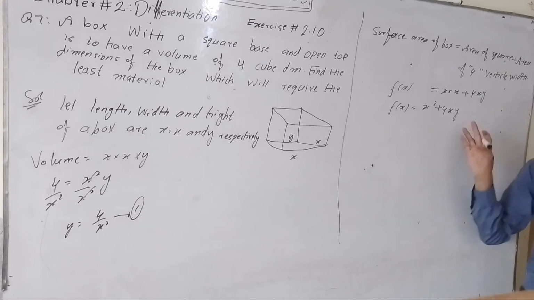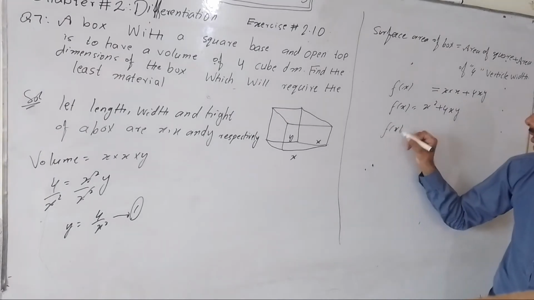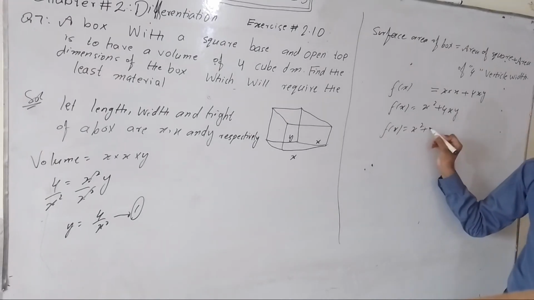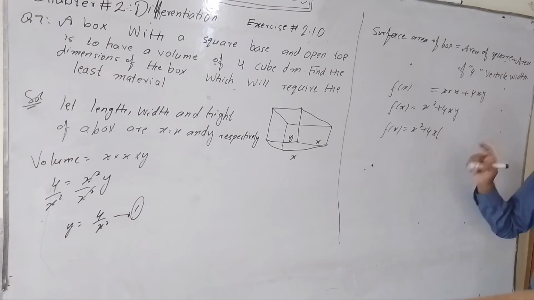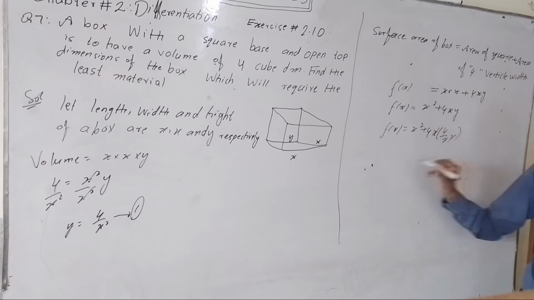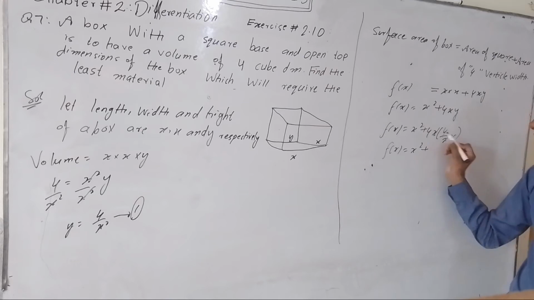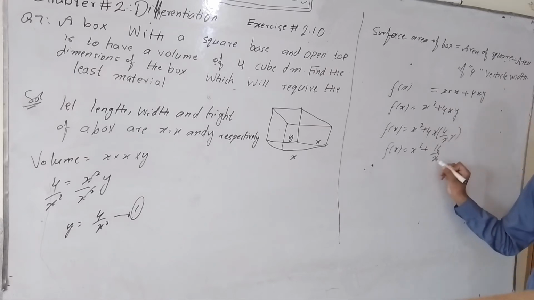y is replaced by 4 divided by x square. So f of x is equal to x square plus 4x times 4 divided by x square. x cancels. f of x is equal to x square plus 16 divided by x.